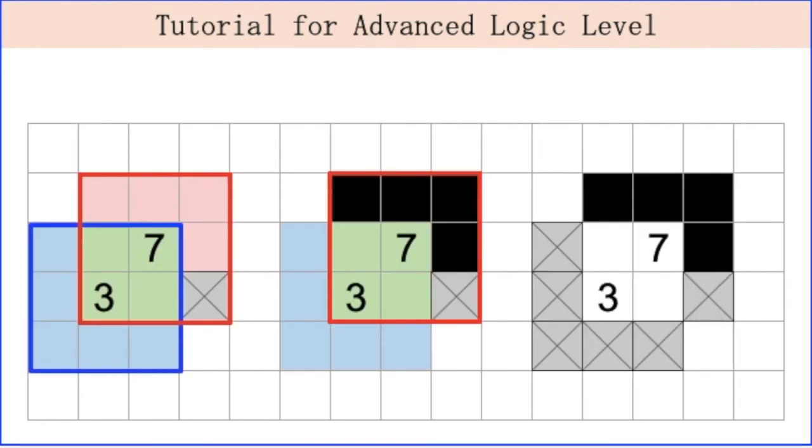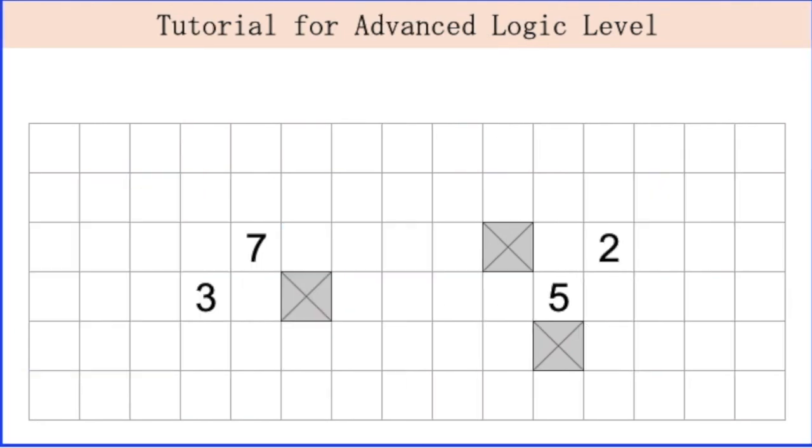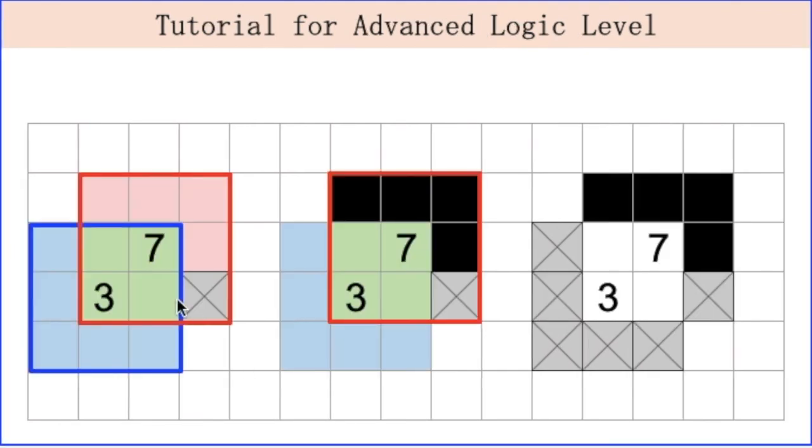So let's take a look at that 3 and the 7 first, okay? So 3 and 7. We have a gray space in the area that's surrounding the 7. Remember, the first thing we do is find out if the three black spaces needed to complete the 3 will be in this overlapping area or not.